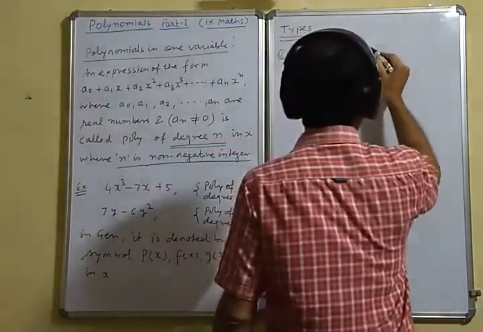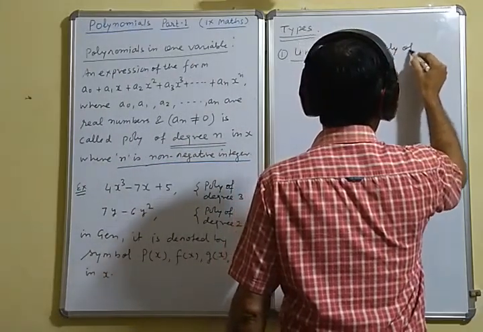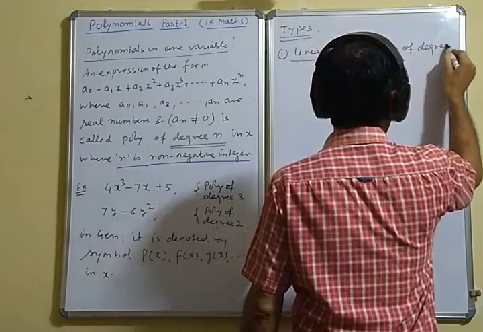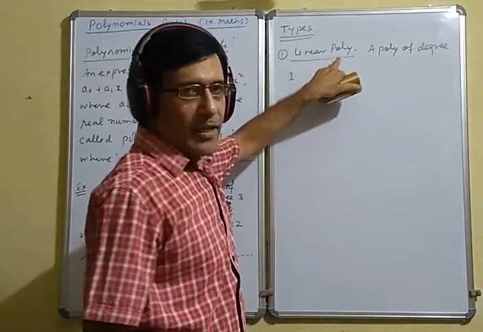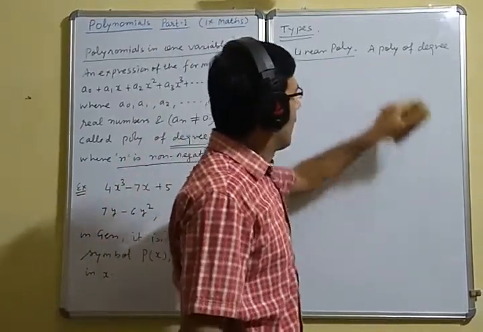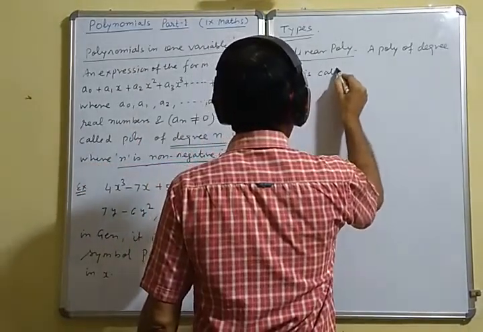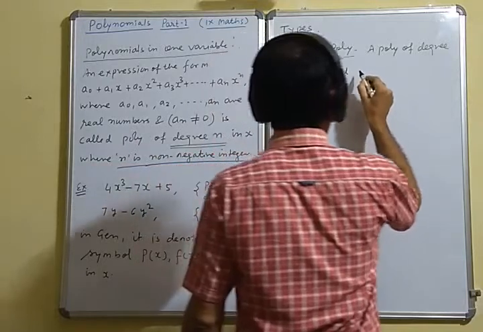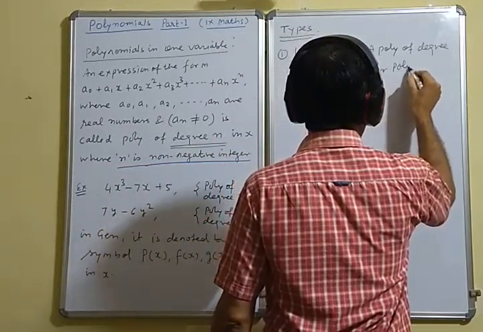A polynomial of degree 1. Poly here is the short form of polynomial. A polynomial of degree 1 is called linear polynomial.